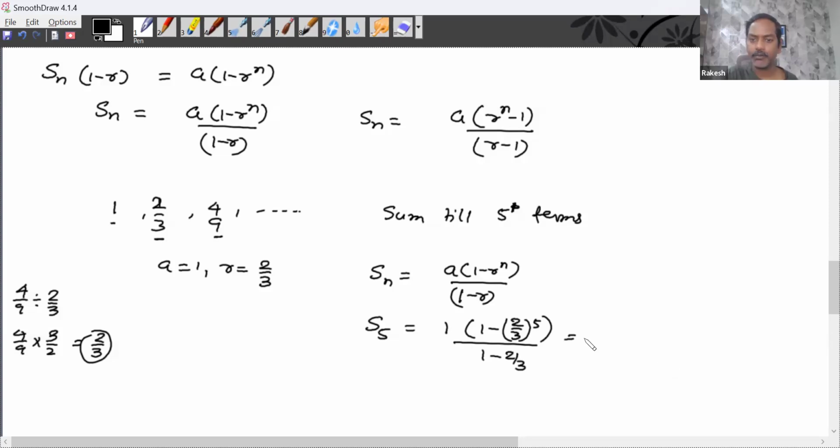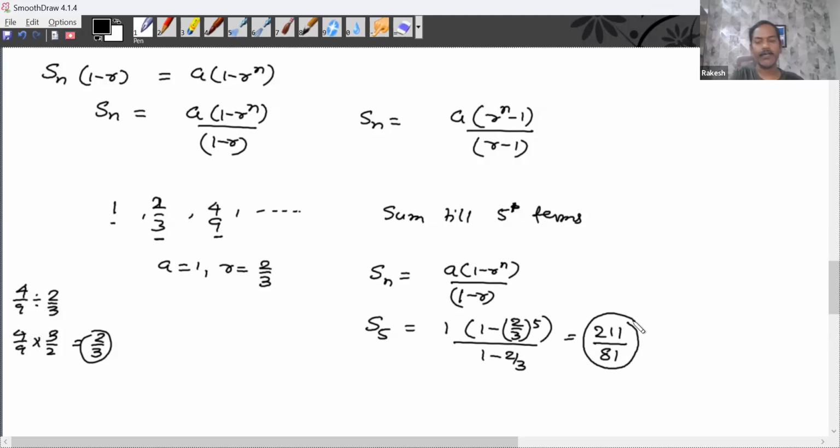Now we have to simplify this to get a rational number. I'm just leaving that simplification, and you'll find that the overall answer would be 211 divided by 81. This would be the sum of the first 5 terms.